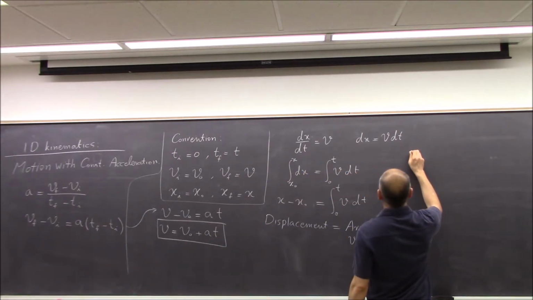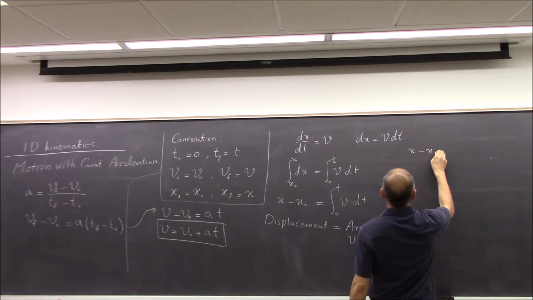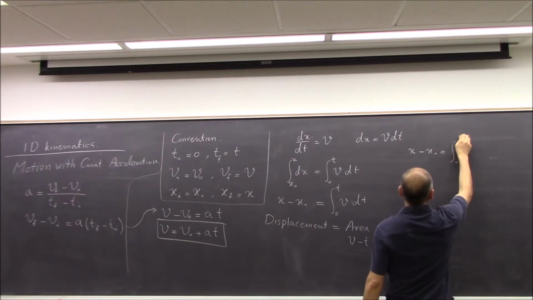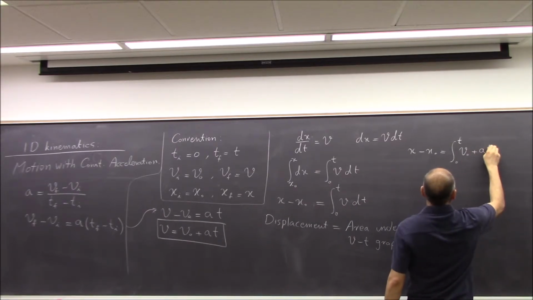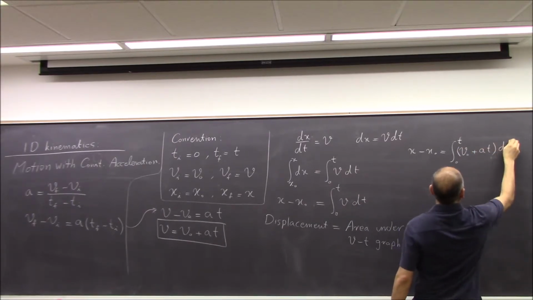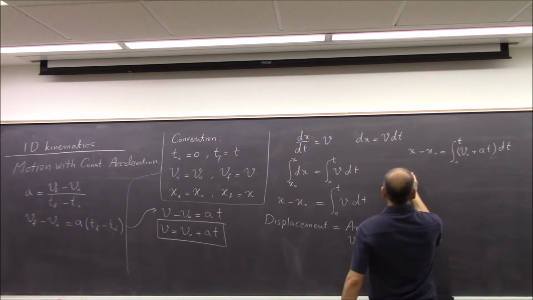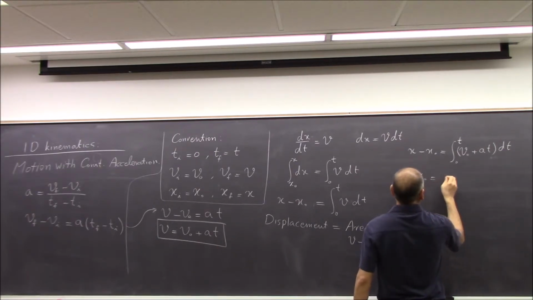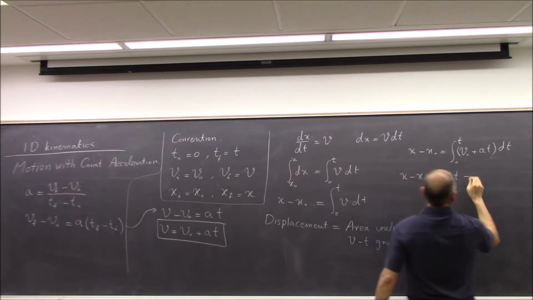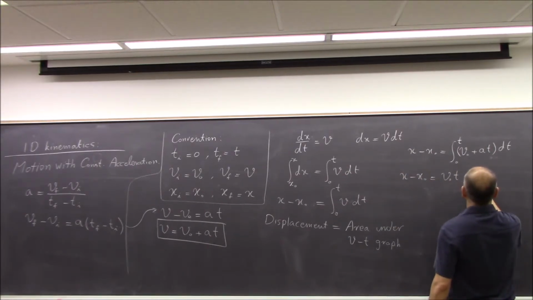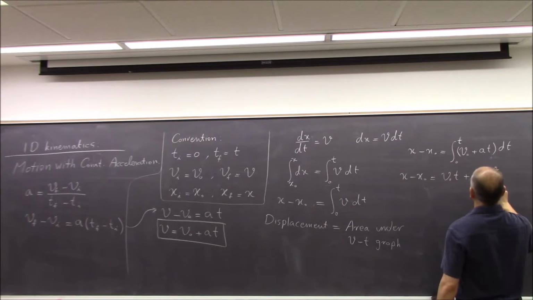So if you write x minus x naught equal to integral from 0 to t of v naught plus at dt, then x minus x naught equal to v naught t plus 1/2 a t squared evaluated between 0 and t.